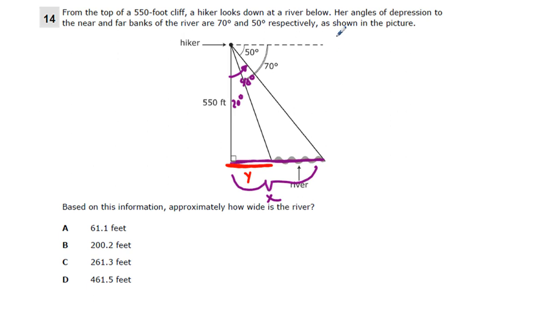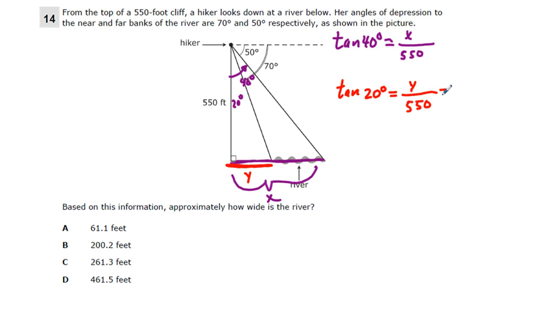So tangent 40 degrees is going to be equal to x over 550. And down below here, tangent of 20 degrees is equal to y over 550.